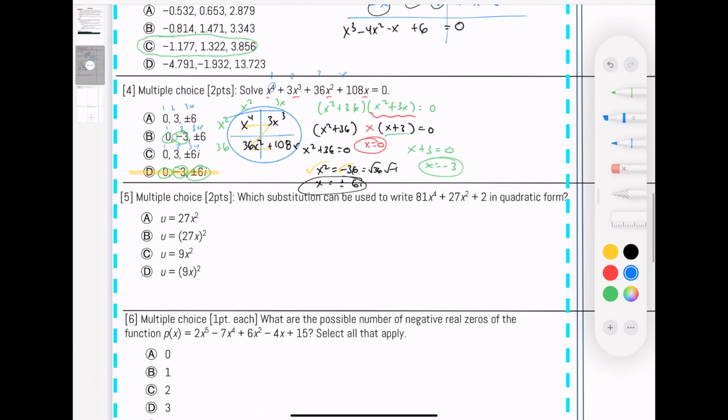Which substitution can be used to write 81x to the 4th plus 27x squared plus 2? Okay, so what I'm going to do here is we want to make it quadratic-like, which looks something like this. So what I'm going to do is put this equal to this.